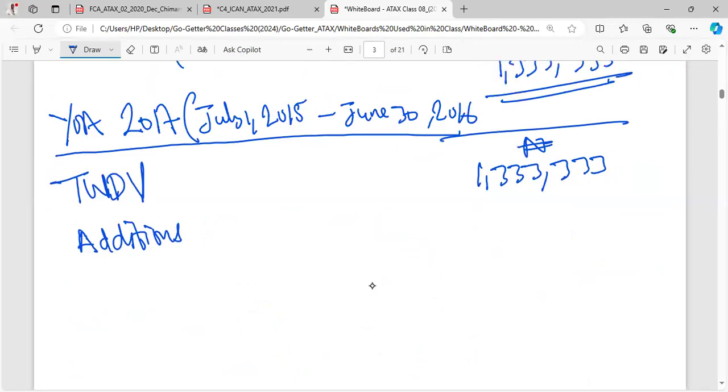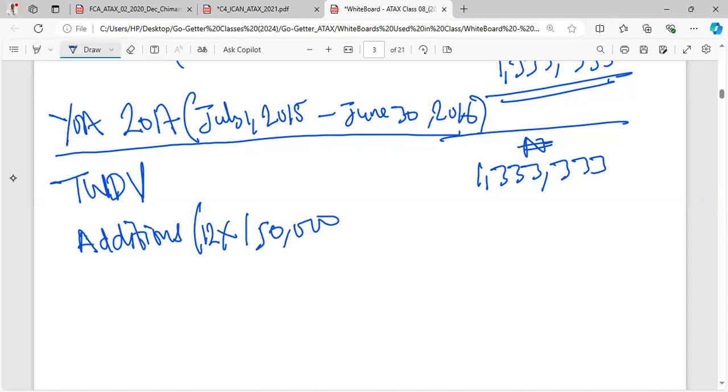So additions would be 12 months times, the dates are also here, so we know this is the period. 12 multiplied by 150,000, not 1 million. Let me remove the comma so that somebody will not think it's thousand.